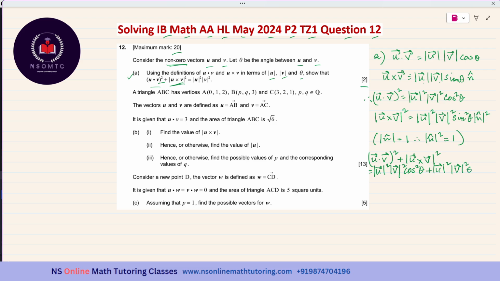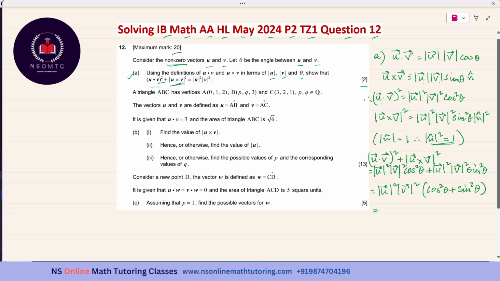I am not writing this part anymore because this is equal to 1. Okay, so I am taking the magnitude of u squared and magnitude of v squared common, and it is cos squared theta plus sin squared theta, which is equal to 1.